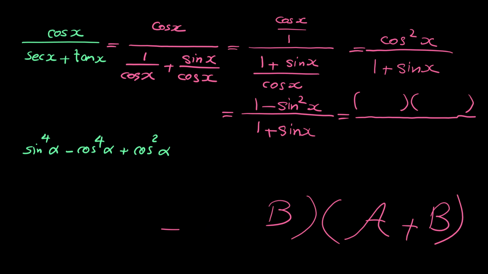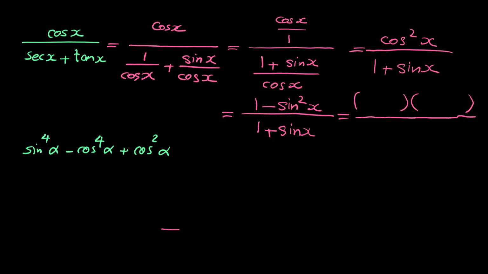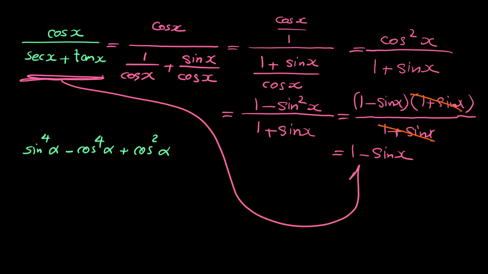So let's use this identity for the numerator. 1 minus sine to the 2, which is 1 to the 2 minus sine to the 2, can be factored as 1 minus sine times 1 plus sine. And look at the denominator, 1 plus sine. This cancels with that. These two cancel each other. So the final answer is 1 minus sine x. This is the simplified form of this expression.